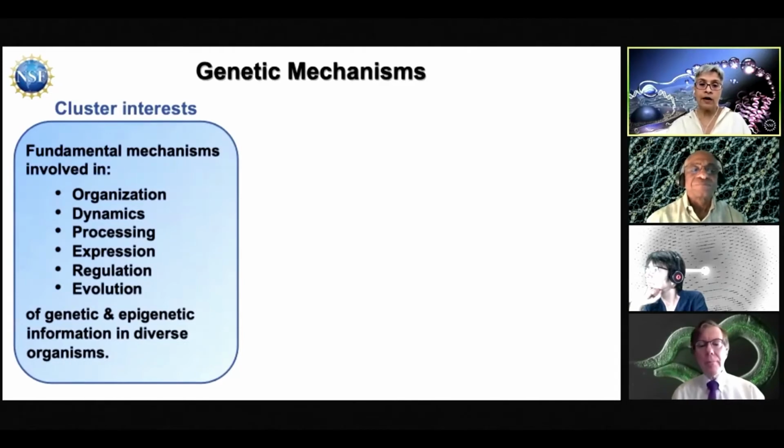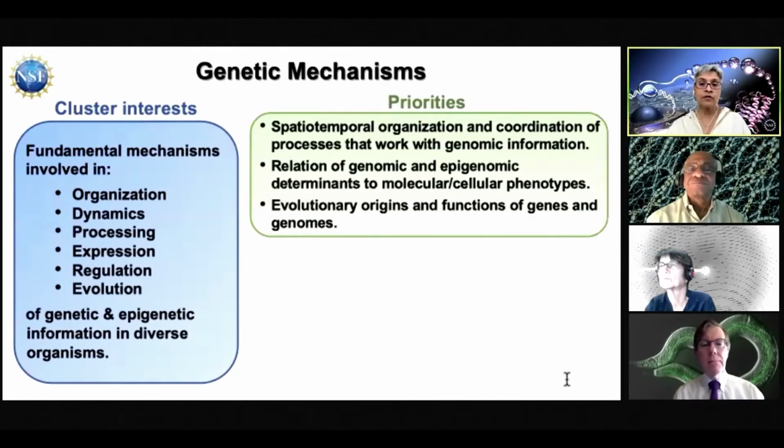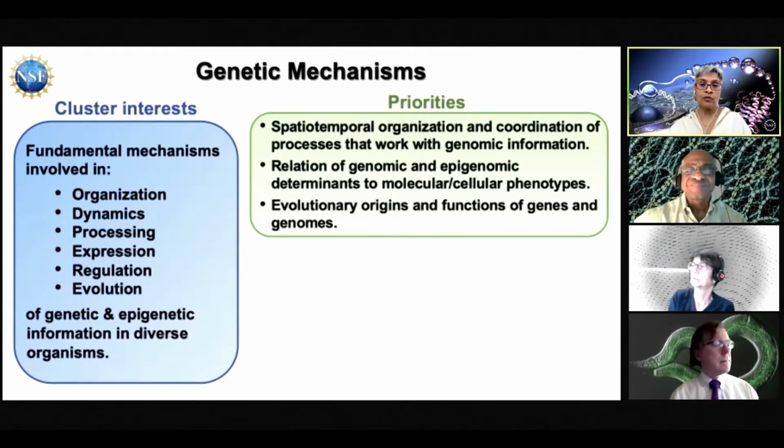We do prioritize research that explores principles governing the organization and the coordination of processes that replicate, maintain, transcribe, translate, and regulate genomic information. We want to see research that predicts how genomic and epigenomic determinants relate to phenotypes at the molecular and cellular level. And we also welcome research that investigates the evolutionary origins and functions of genes and genomes.